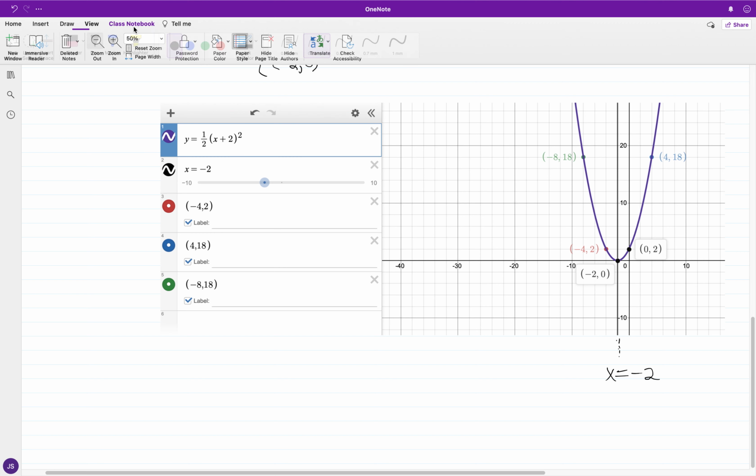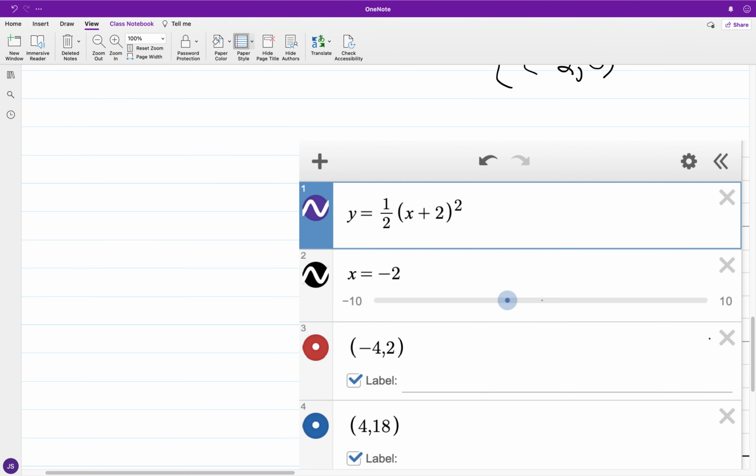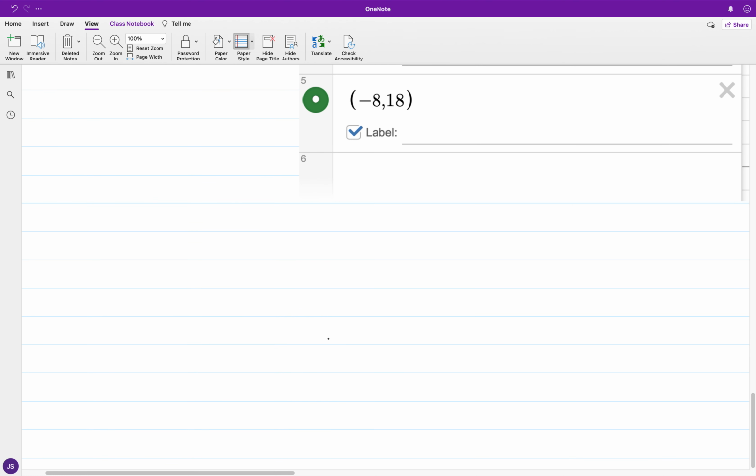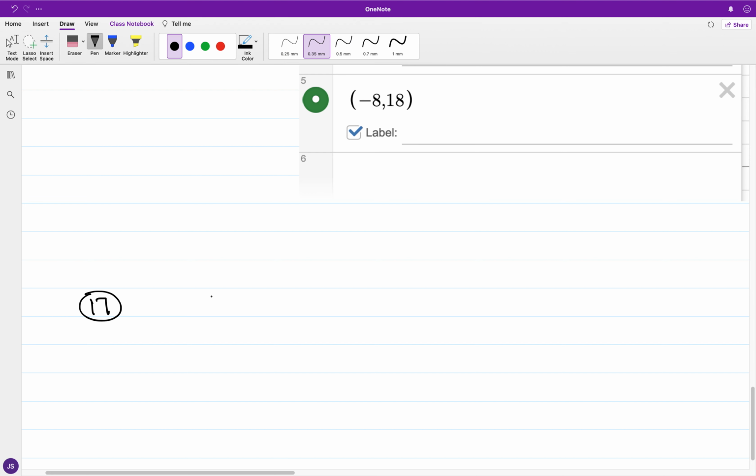And in the case of number 17, we have a function p of x, and this one is given as 3x squared minus 12x minus 7.